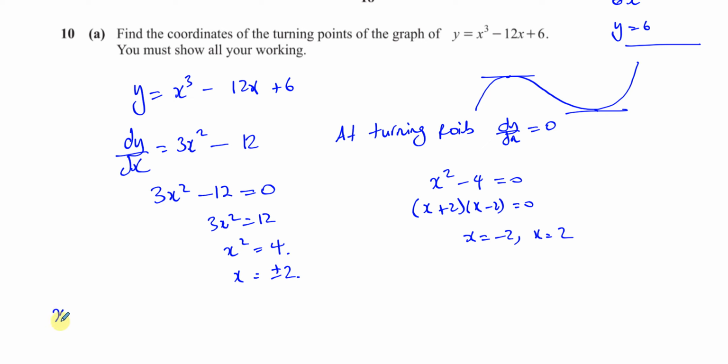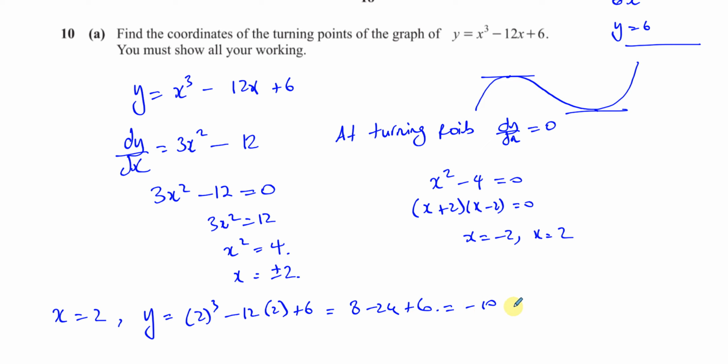So we can say when x is equal to 2, we put that back into the original equation. We're going to have y equals 2 cubed minus 12 times 2 plus 6, which is 8 minus 24 plus 6, which is 14 minus 24, which is negative 10.